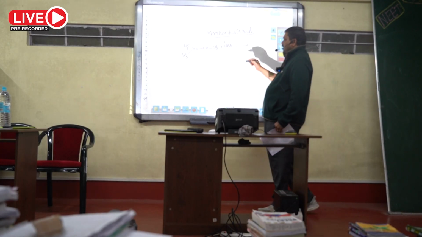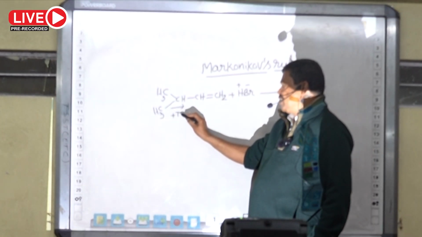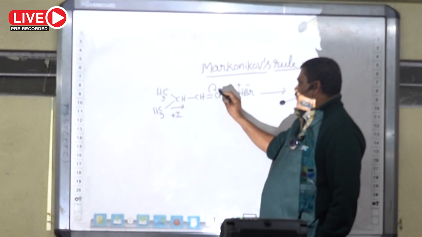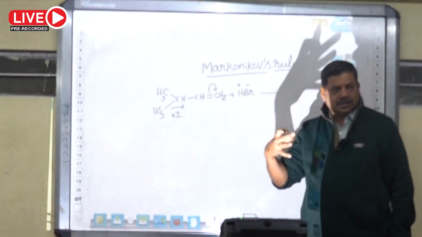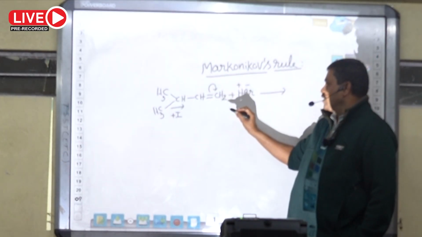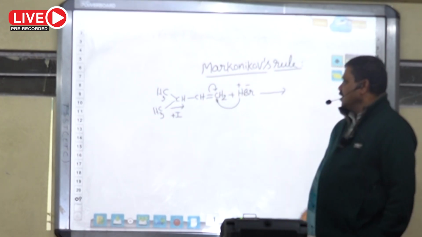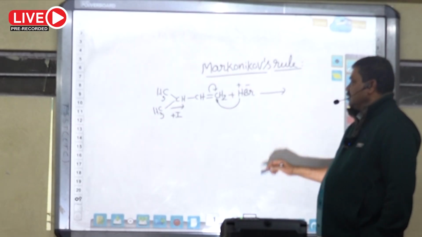Now without peroxide, this is a plus I group, an electron pushing nature. The pi bond will shift like this. Because the methyl groups push electrons, the pi bond will shift. This carbon becomes negative. H plus will add to that.